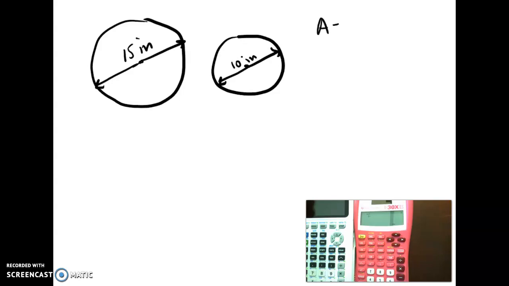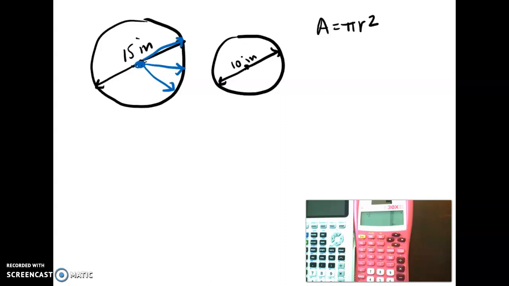So the area of a circular shape is pi r squared. So right here, I have the diameters of each of these. The diameter is a length that goes through the center. So if this is the center of the circle, it goes from end to end. Well, from the center point to any outside edge is called the radius.